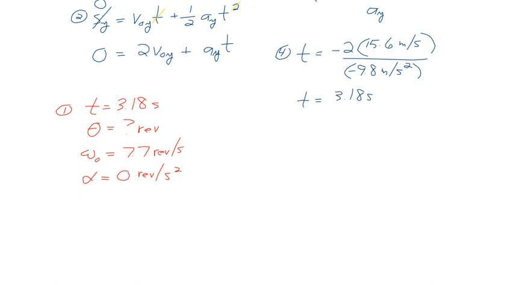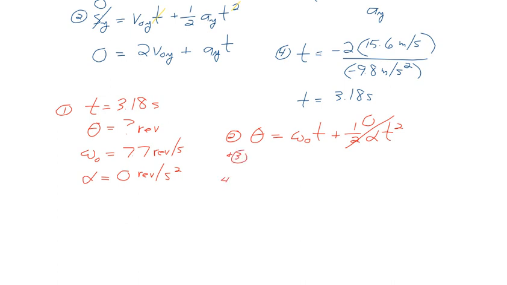So what I'm doing now is identical to the last problem. Those are the facts. Step 2 is theta equals omega original t plus 1/2 alpha t squared.